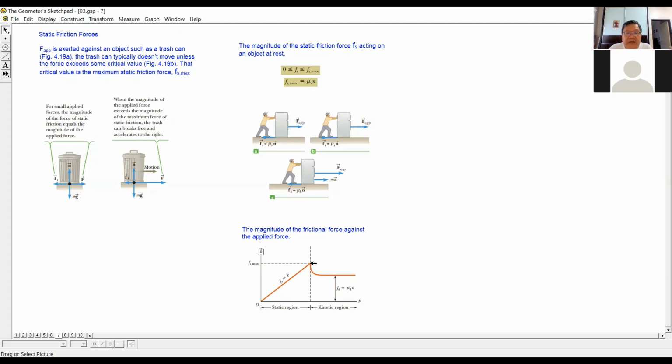The straight line represents the static force until the maximum point. But when it starts to move, the friction will drop, and this level is the kinetic frictional force. So there is the relationship between all these static and kinetic friction forces.